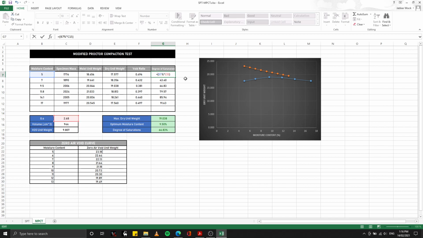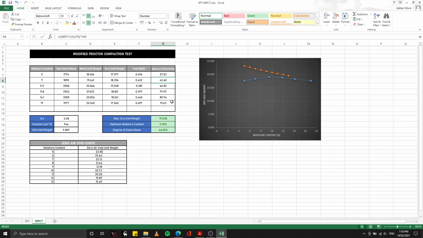Then, i-divide natin siya sa ating nakuhang void ratio. Then, overall, multiply it to 100% para makuha ating degree of saturation. And again, same formula ang gagamitin natin sa rest of the values.